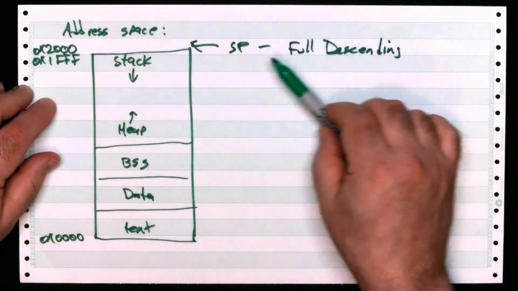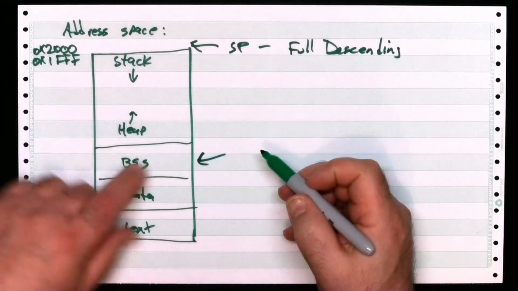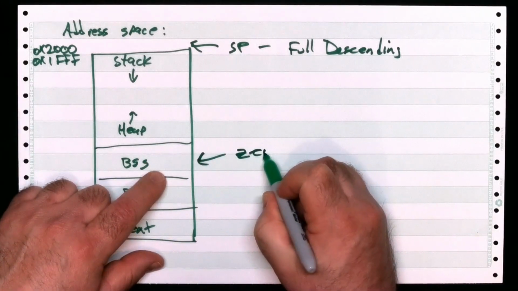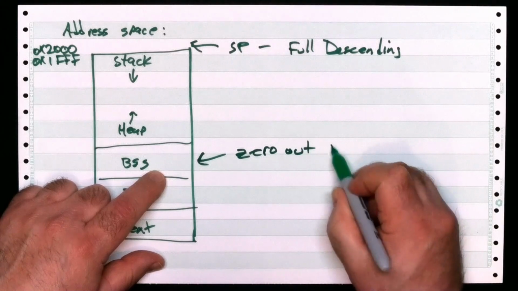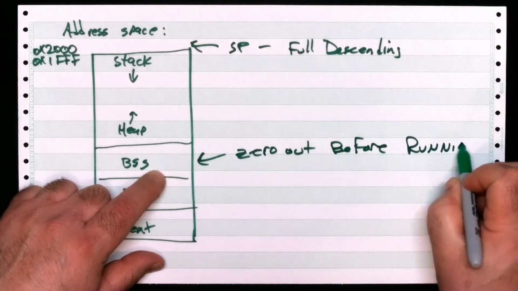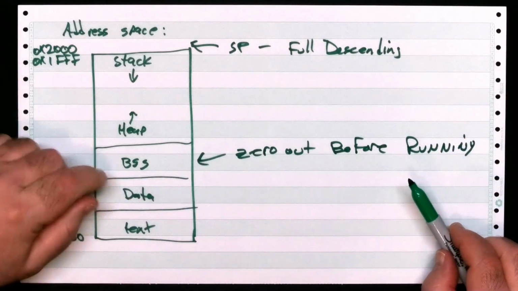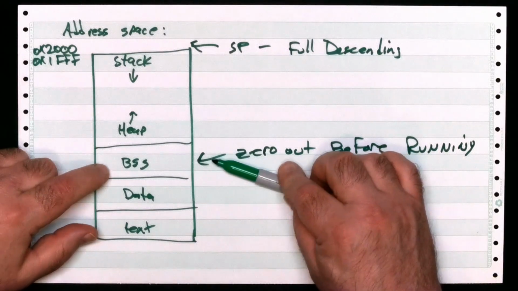So somebody has to initialize this stack pointer. Somebody also has to zero out this BSS. These are the sort of things an operating system would provide for you, but we're going to have to do it ourselves because we're freestanding.